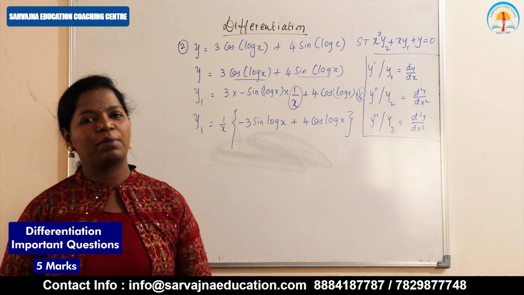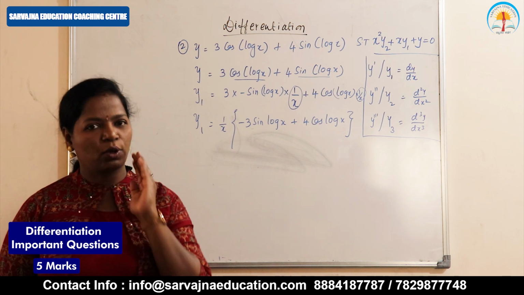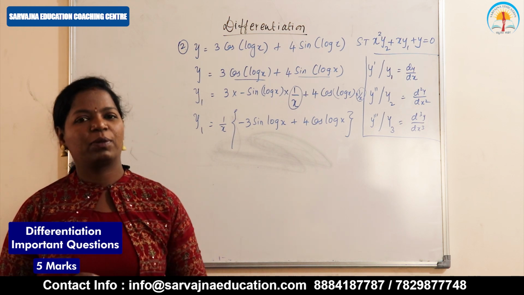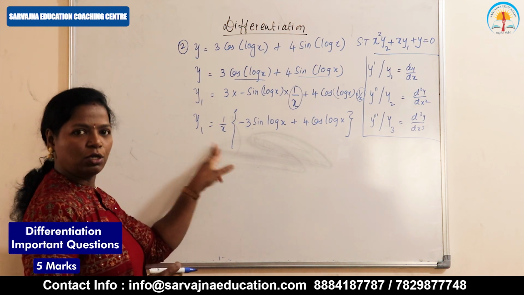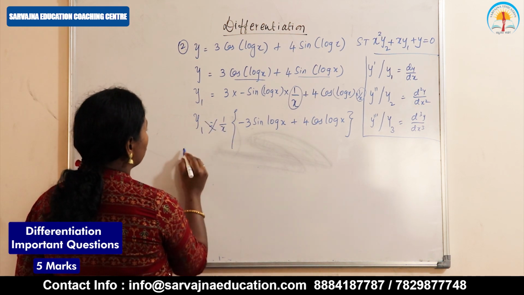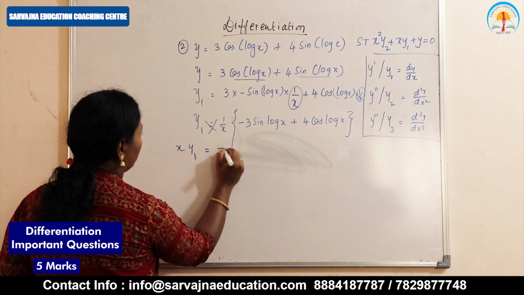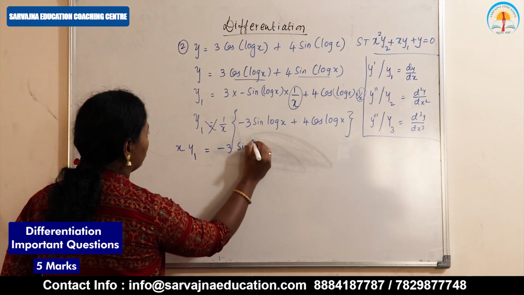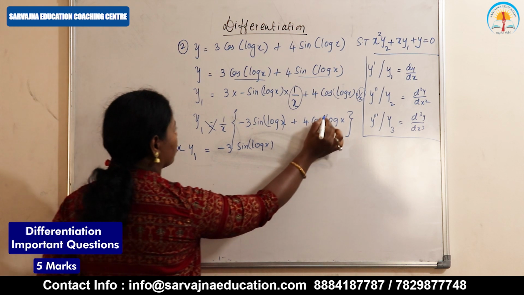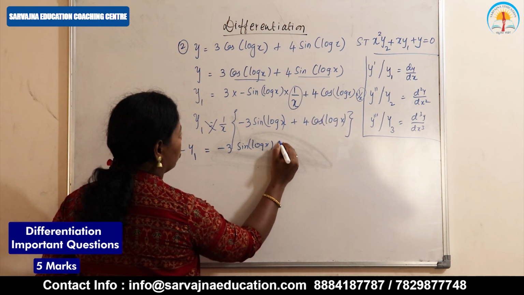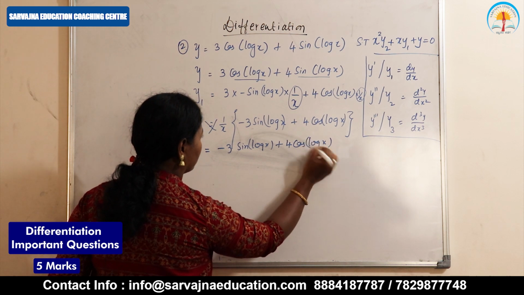When you are solving the 5 marks question, whenever you get the fraction in the right hand side, you have to always do the cross multiplication, then do the differentiation. See, here I got 1 by x, so do the cross multiplication. It will be x y1 is equal to minus 3 sine log x, put a bracket, plus 4 cos log x, correct?